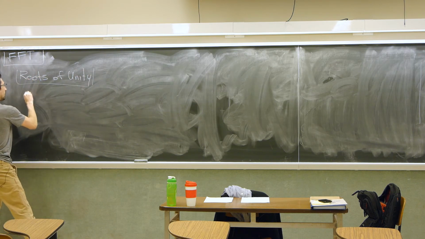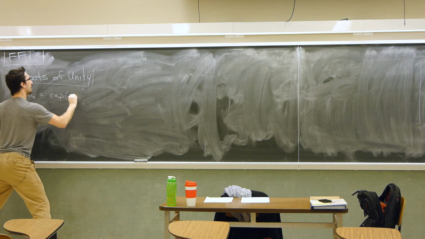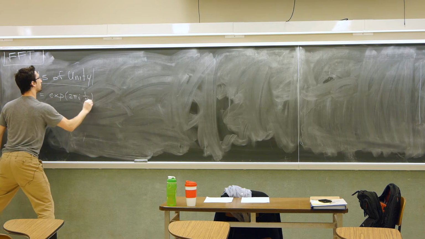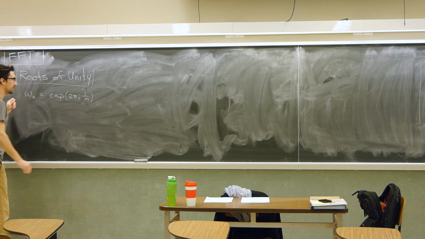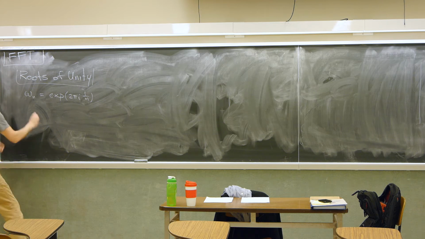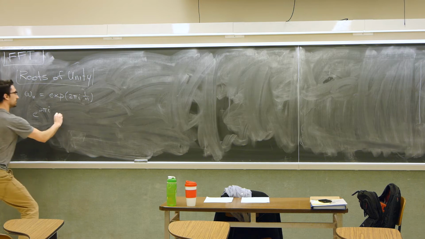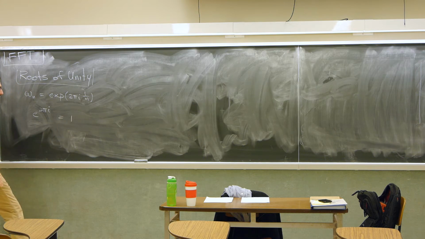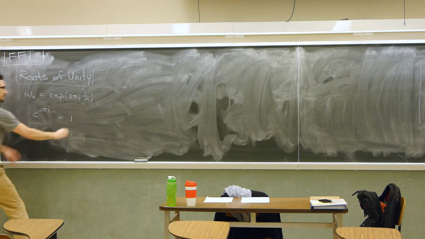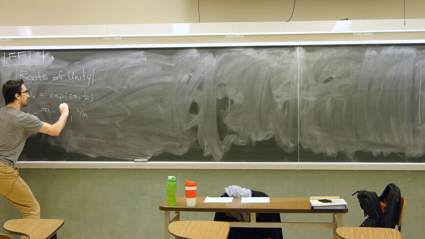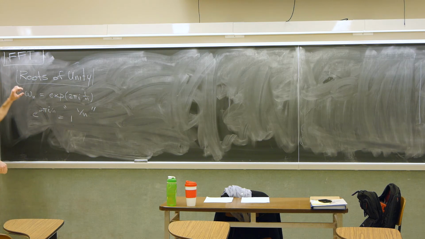So I'm going to use W sub n to denote a primitive nth root of unity. Primitive meaning it generates all of the other nth roots of unity. And so if you remember the famous e to the 2 pi i equals 1 statement, if you take the nth root of the thing on the left side, then you get an nth root of unity on the right-hand side.